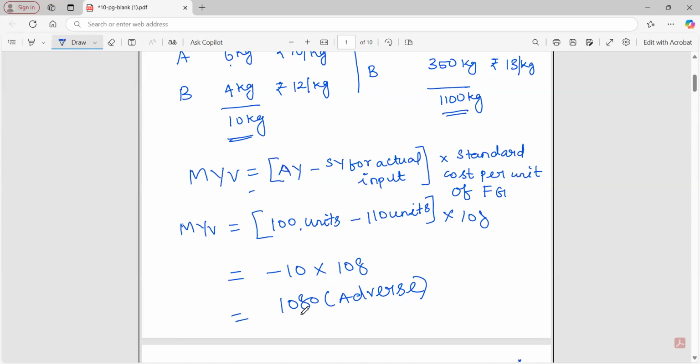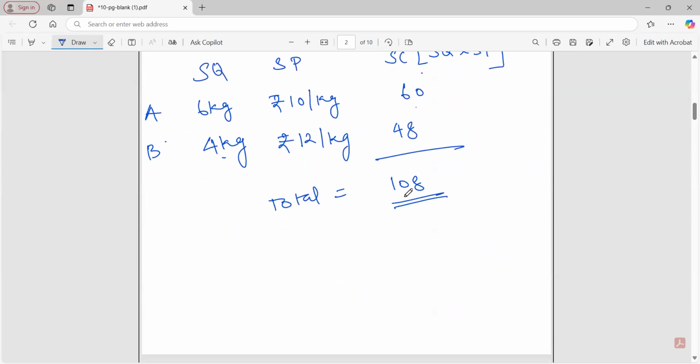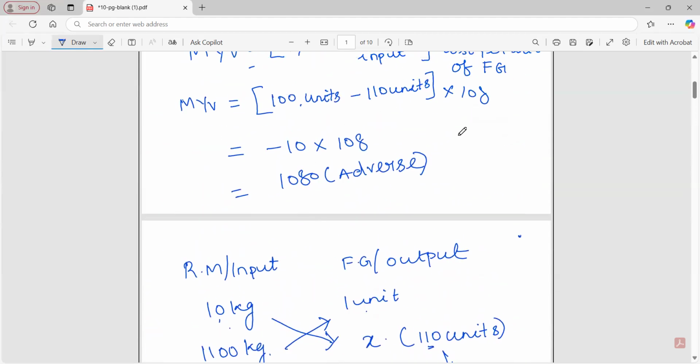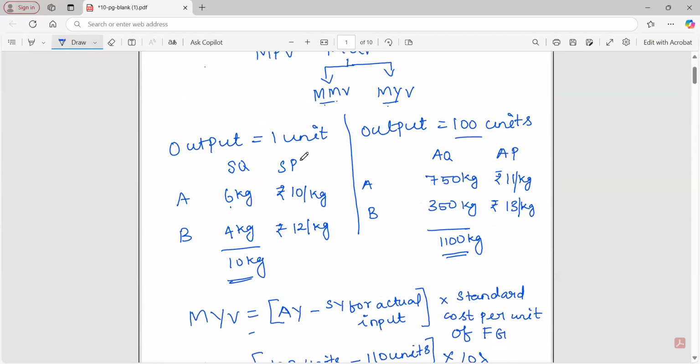And one more important thing to understand here is, listen, here the standard cost is 108 and the standard cost per unit of finished goods is also 108. Why? Because here the standard output is 1 unit. So 108 by 1 is 108 itself. Suppose the standard output is, instead of 1 unit, let's say 2 units. In that case, the whole calculation will change.